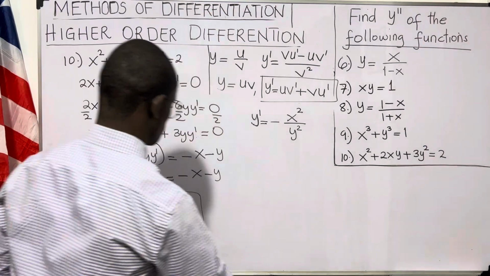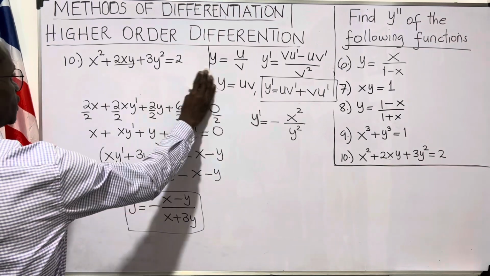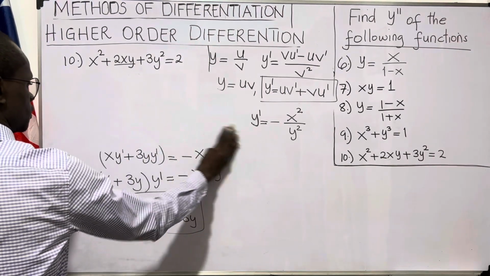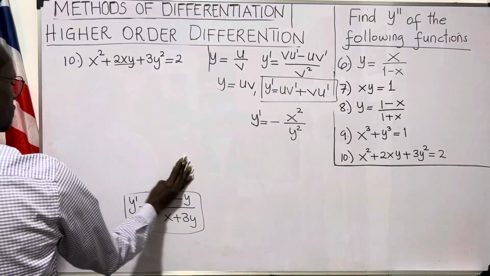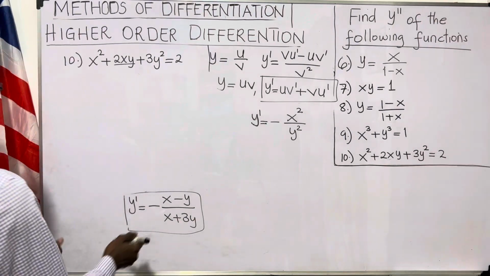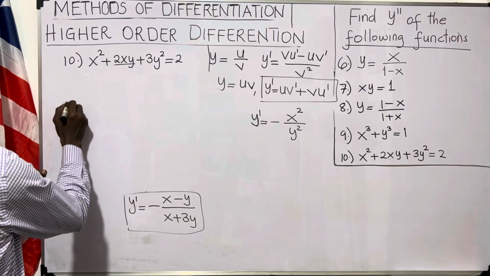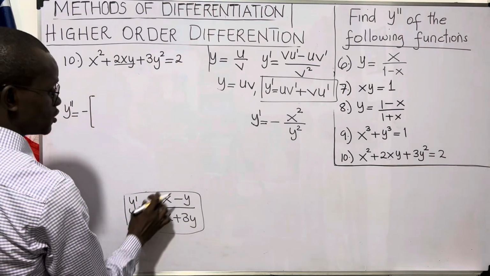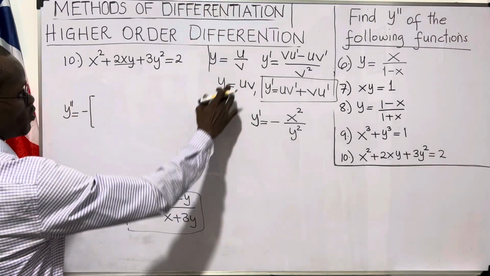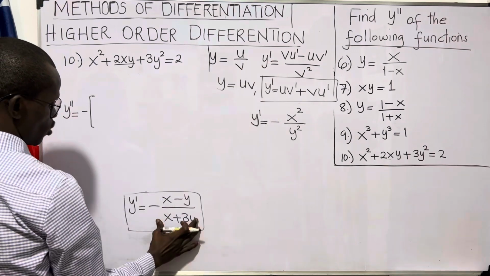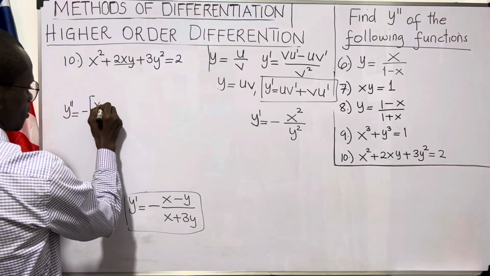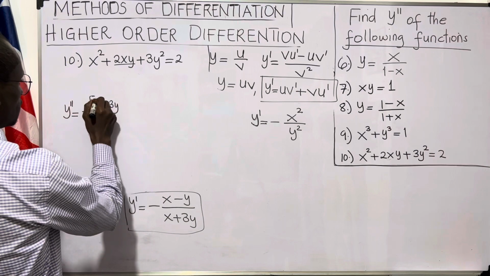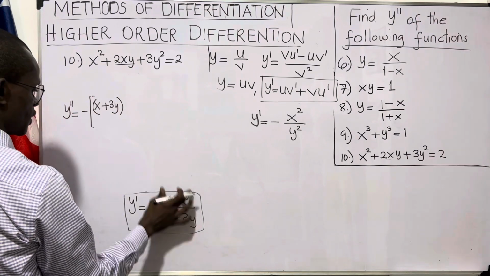The question says we must find the second derivative. So we differentiate the second term. So we have y double prime. Hold this negative. This is the quotient rule, so we apply the quotient rule. We hold the denominator x plus 3y and we differentiate the numerator.